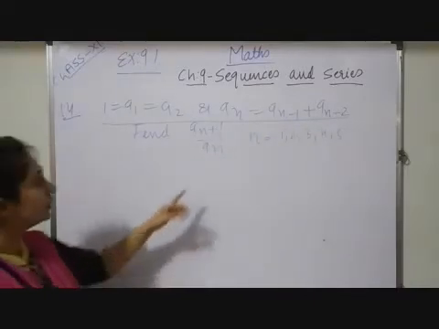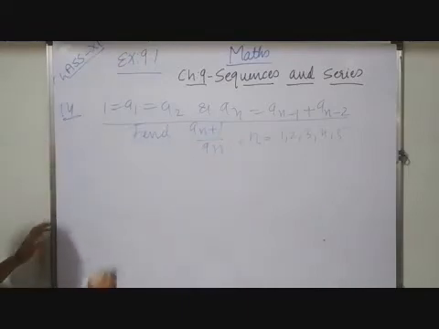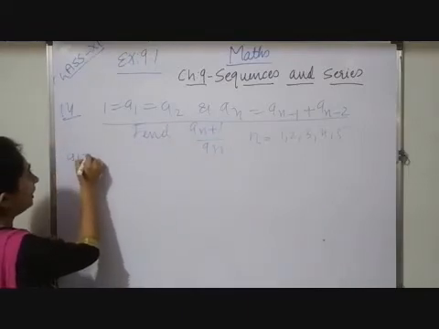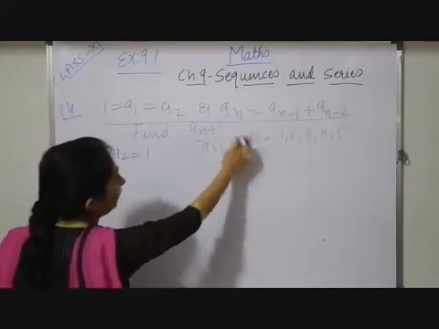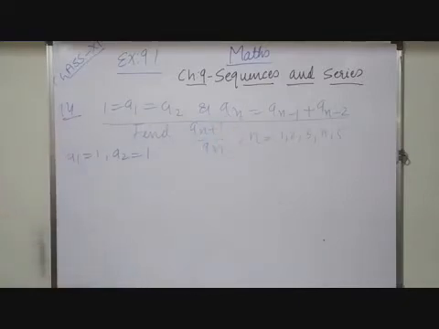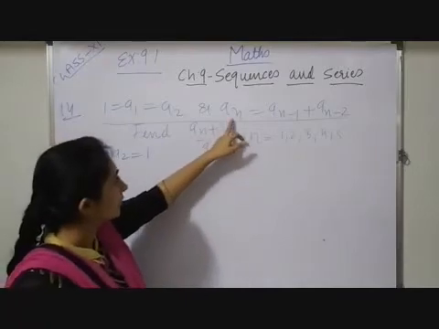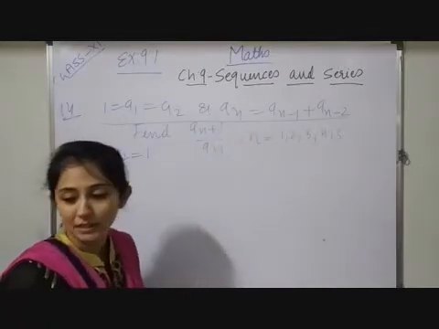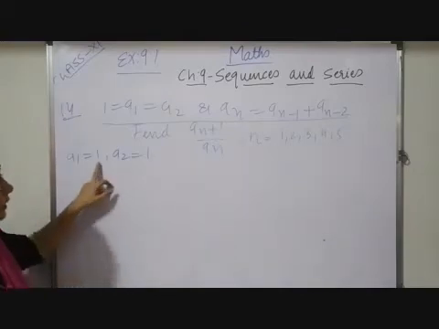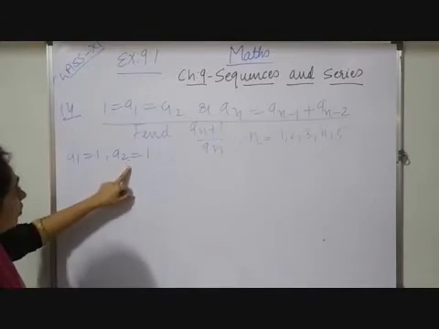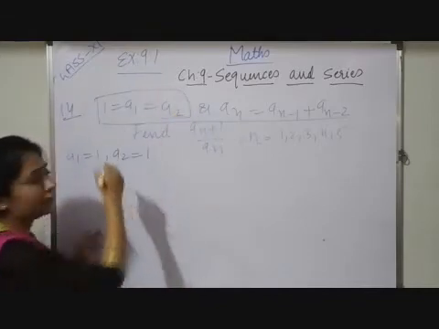If I put into this general form, a1 is my 1, a2 is also my 1. Now, if I take n is equal to 1, I will get the preceding terms. If I take n equals 2, this one is already given, the first 2 terms.